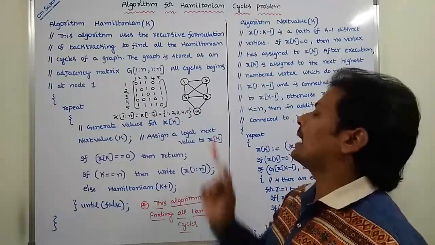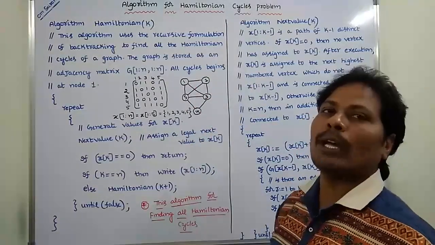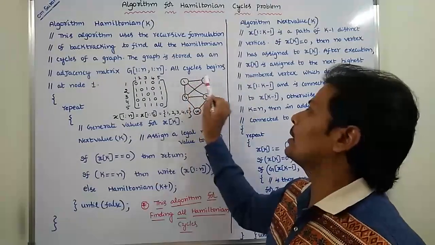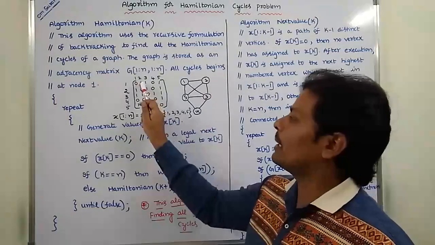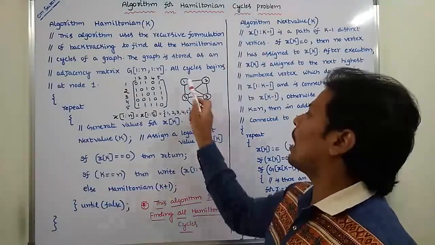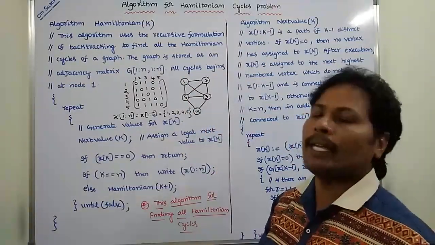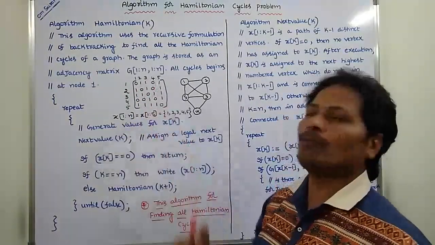Next, we can take this edge 1 comma 2. 1 and 2 are connected by an edge, so it is represented by the value 1. 1 comma 3 are also connected by an edge, so here the value is 1.